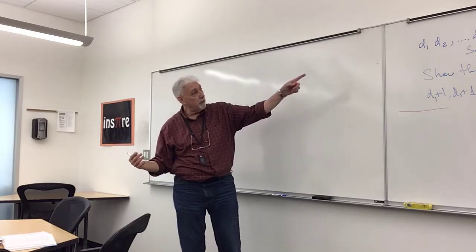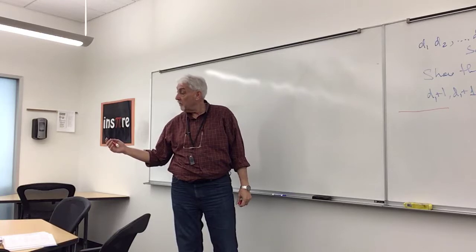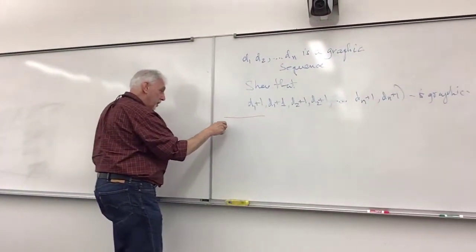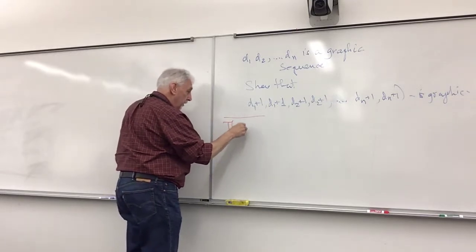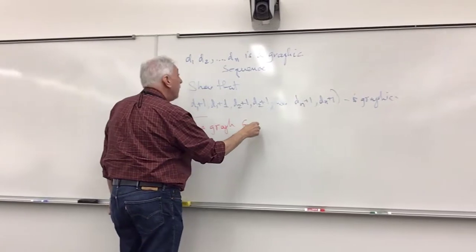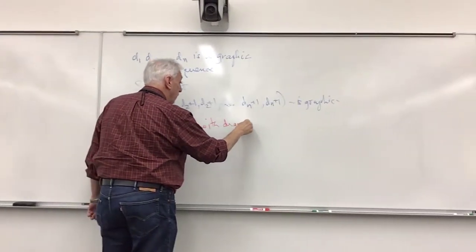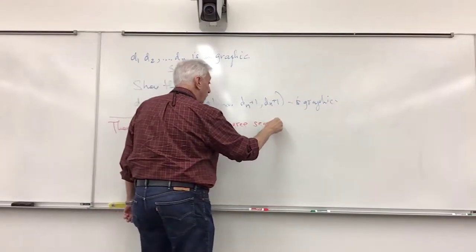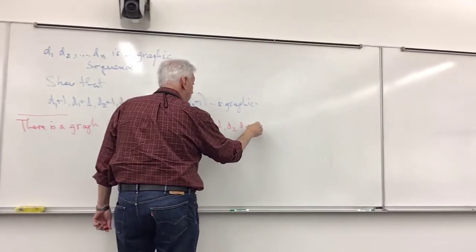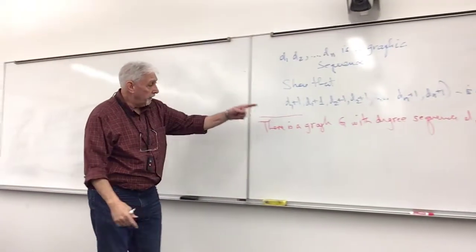What does it mean for D1, D2, through Dn to be graphic? There is a graph G with degree sequence D1, D2, D3, through Dn.